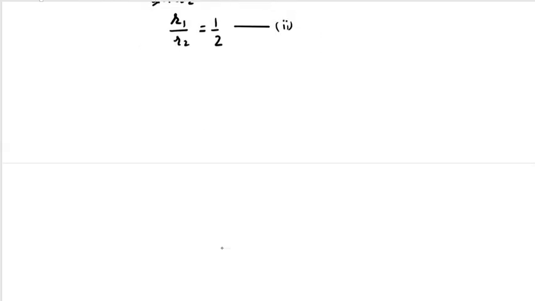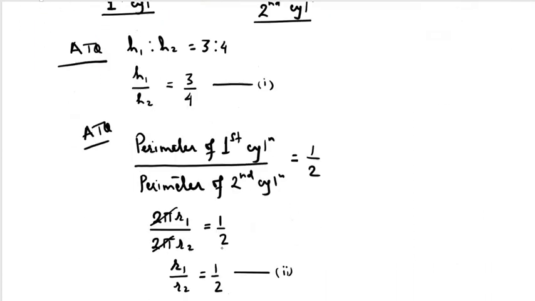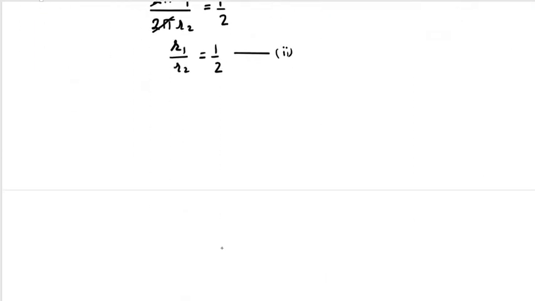Okay, and what you have to find is you have to find the ratio of their volumes. Okay, cylinder ko volume formula pi r square h हुन्छ. So what do we have to find now? Therefore you have to find ratio of volumes. Okay, volume of first cylinder divided by, ratio माने divide, isn't it?